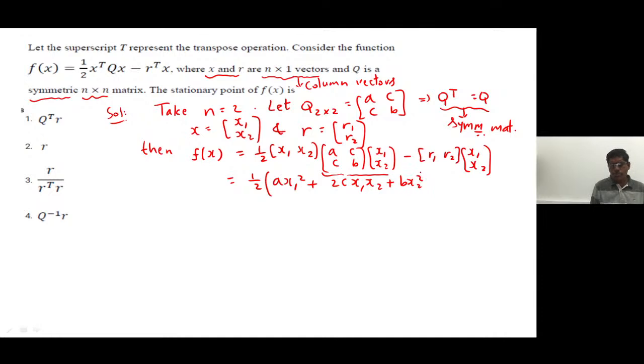This is the quadratic form chapter which we studied in BTech: x transpose A x, where A is the Q matrix and x transpose is here small x transpose, minus r1 x1 minus r2 x2. This is the simplification of f of x. This is a function of 2 variables, x1, x2.